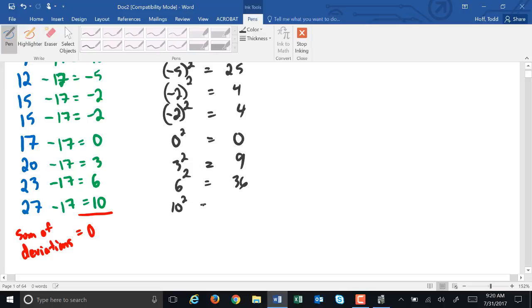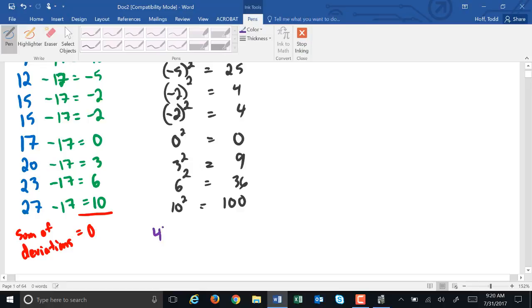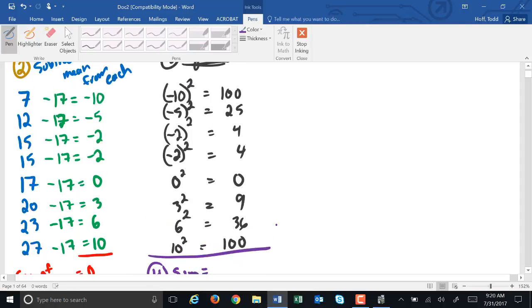And positive 10 squared is also 100. What is our step 4? Find the sum. Sum of the squared deviations, which is 278. Looks right to me.